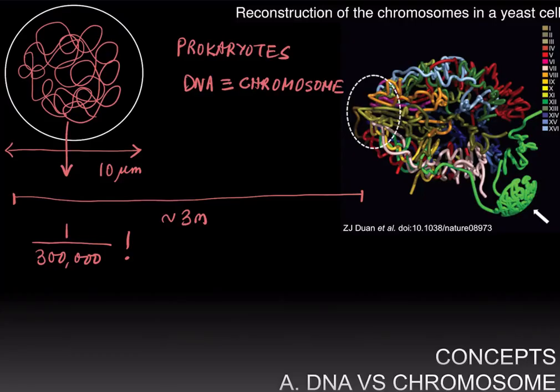And that's why the DNA in eukaryotic cells doesn't exist in isolation. It is in fact in complex with a set of proteins called histones, and the DNA is wrapped around the histones.